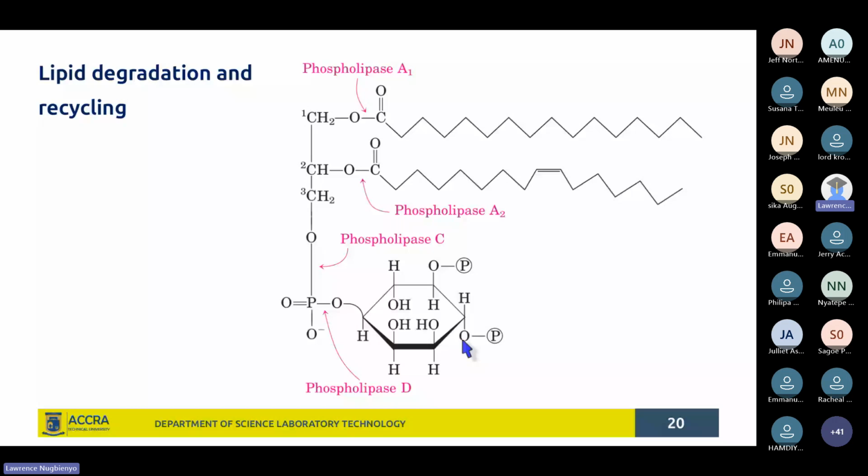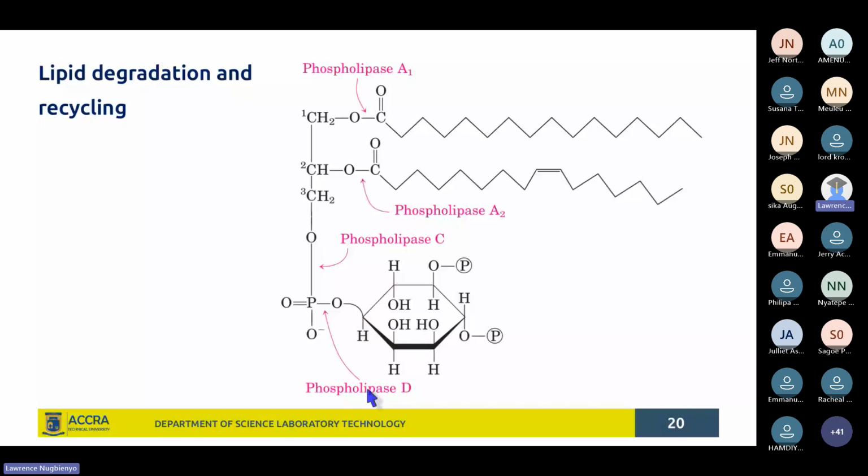You can have different carbohydrates or even some lipids. You can have them there. So the only thing is that this particular bond, the phosphoester bond, which is between the head group and the phosphate group on the glycerol backbone, that enzyme that breaks that bond is phospholipase D.